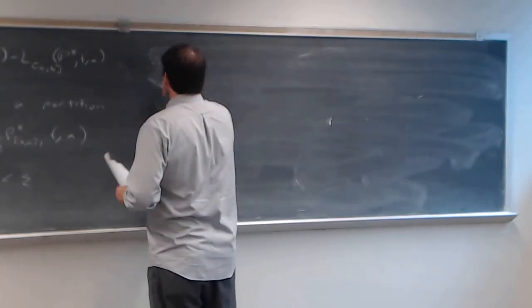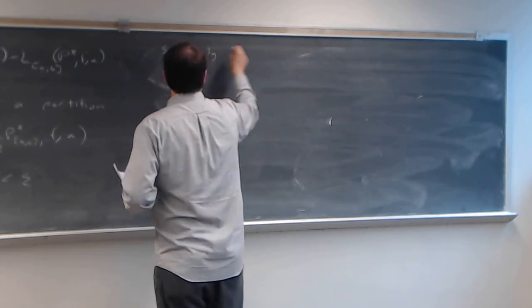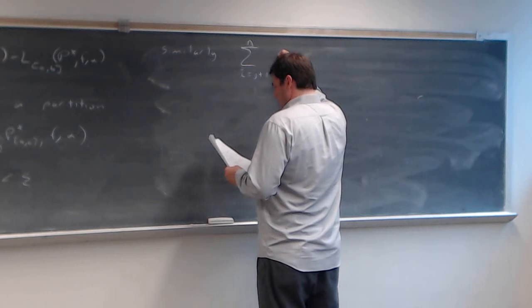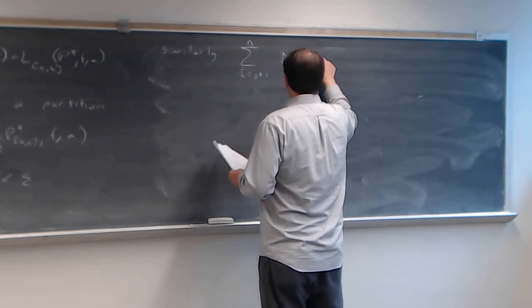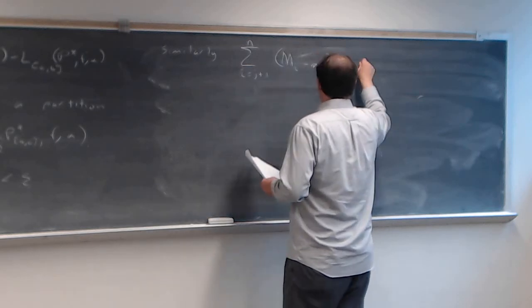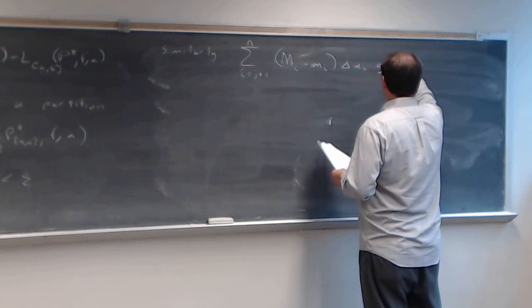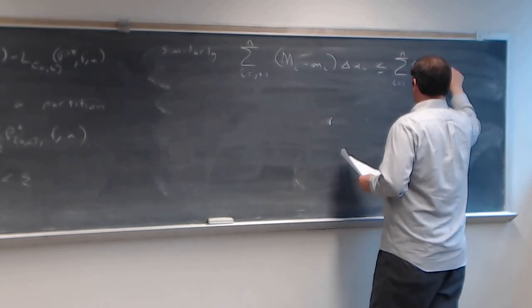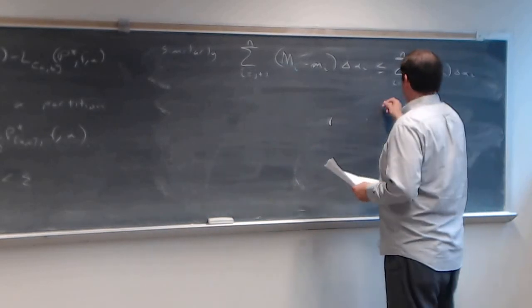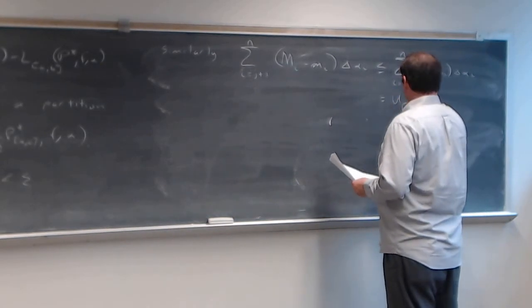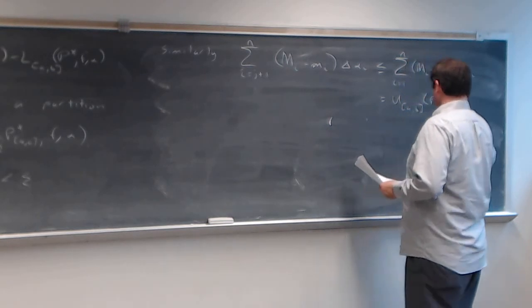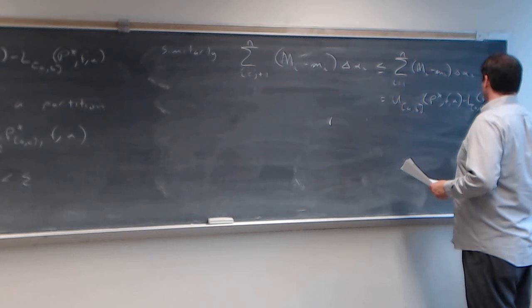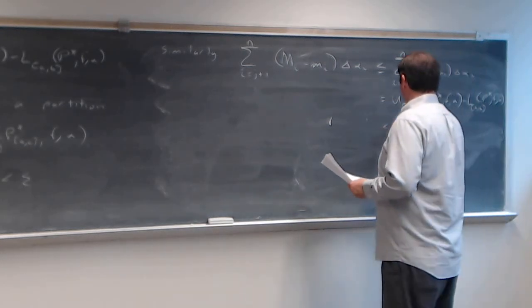Similarly, if we look at the sum as i runs from j plus 1 up to n of big M sub i minus little m sub i times the delta alpha sub i's, that's going to be less than or equal to the sum as i runs from 1 to n of the big M sub i's minus the little m sub i's, delta alpha sub i's, and that's equal to the upper sum over A to B, P star F alpha minus the lower sum over A to B, P star F alpha, which is less than epsilon.